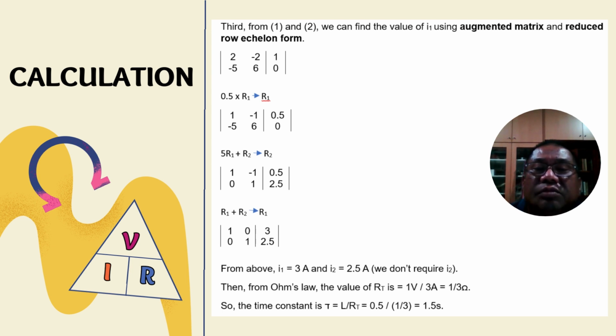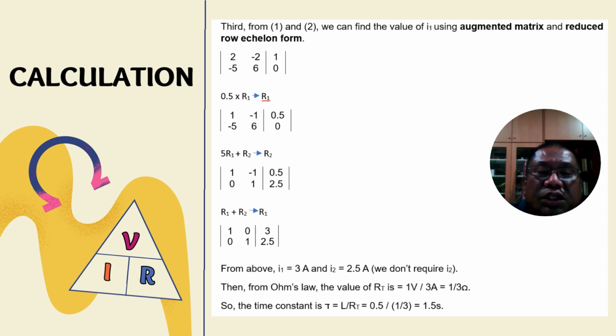So we get 1, minus 1, 0, 1, 0.5 and 2.5. Finally, because we are using the reduced row echelon form technique, we add row 1 and row 2, so we get 1, 0, 0, 1, 3 and 2.5. So the I1 value is 3 ampere and the I2 value is 2.5.